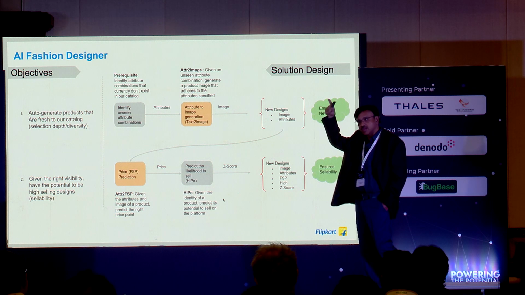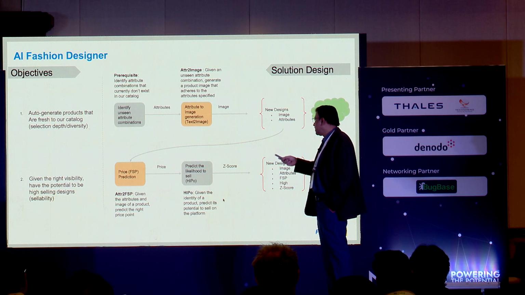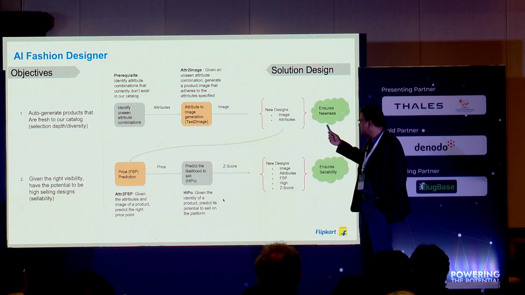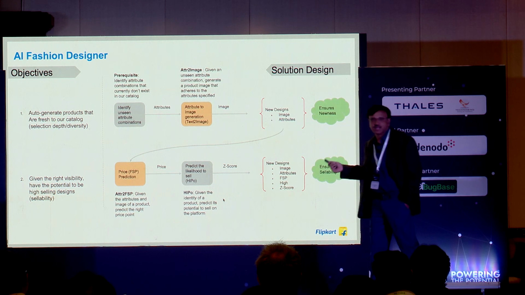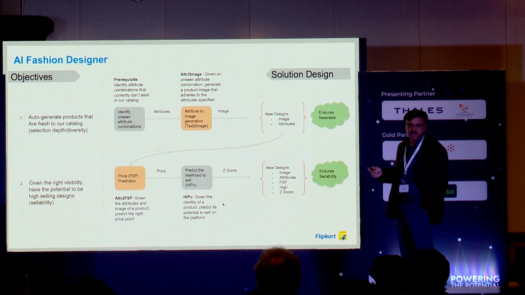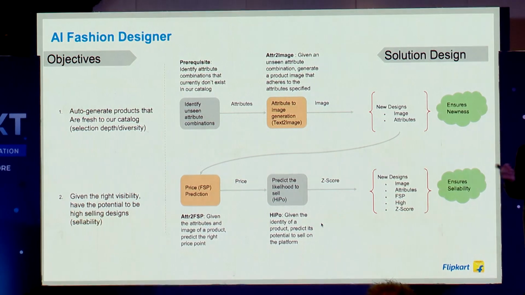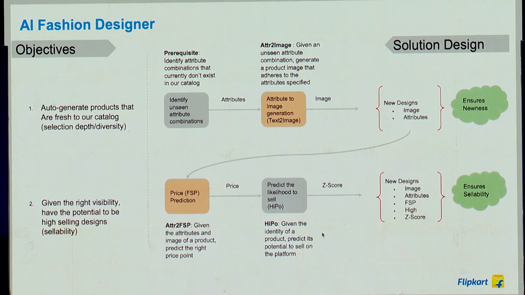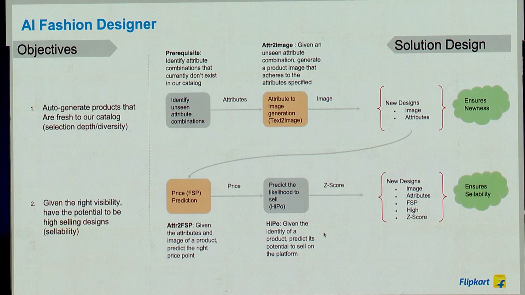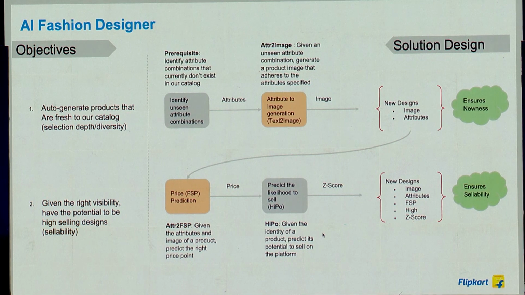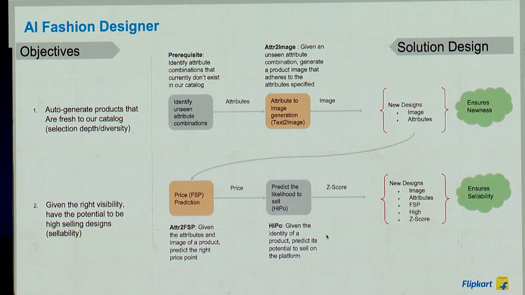Then we go to the earlier model I showed you, the high potential predictor. You add attributes like price and other attributes of the image, and get a hypo score, which is the z-score that I talked about. If it's above a threshold, we say it's a valid design and give it to the seller, and the seller can choose to design it and put it on our platform. This is something we have now started testing very actively with our seller base.